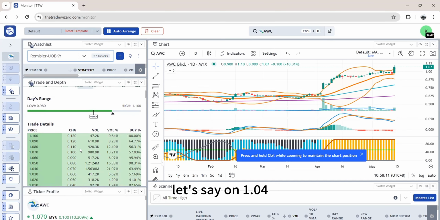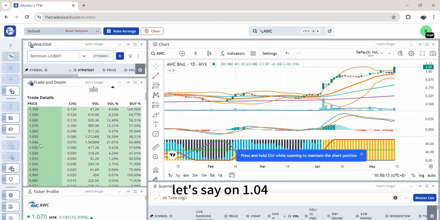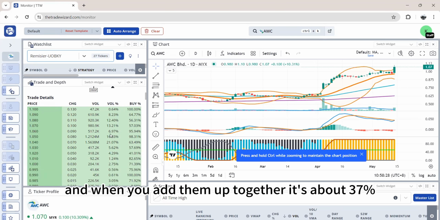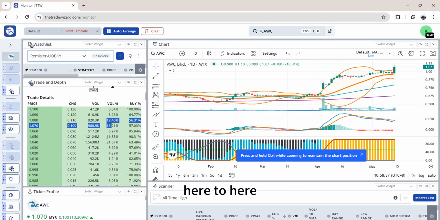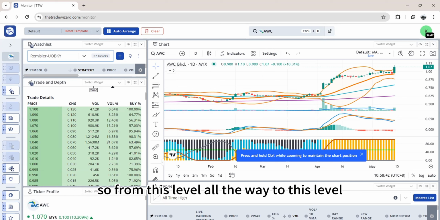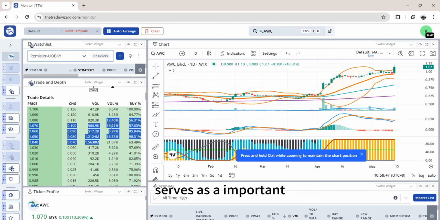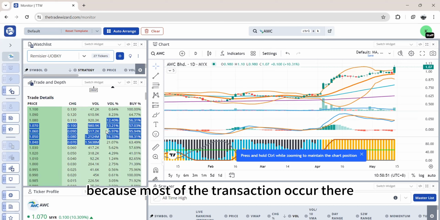Because the volume at 1.04 is about 21%, and 1.05 is about 16%, and when you add them together, it's about 37%. Here, when you add them together, it's 25%, here to here, plus 12 plus 13. So from this level all the way to this level serves as an important support or resistance level, because most of the transactions occur there.